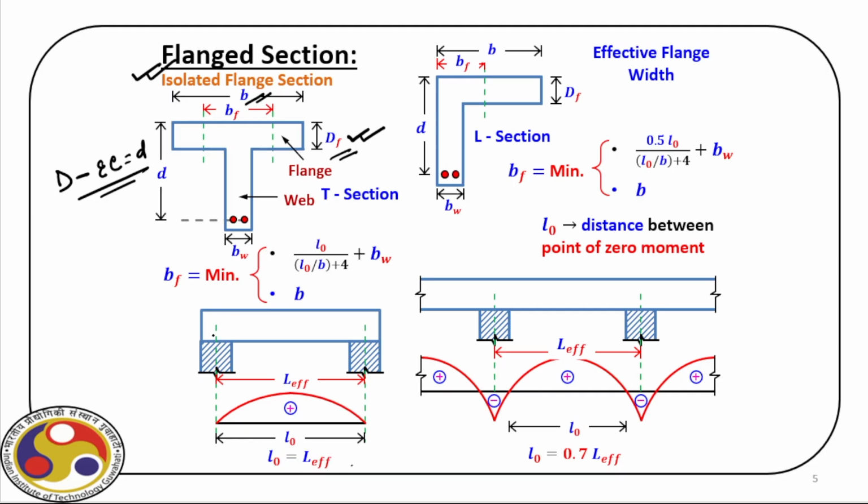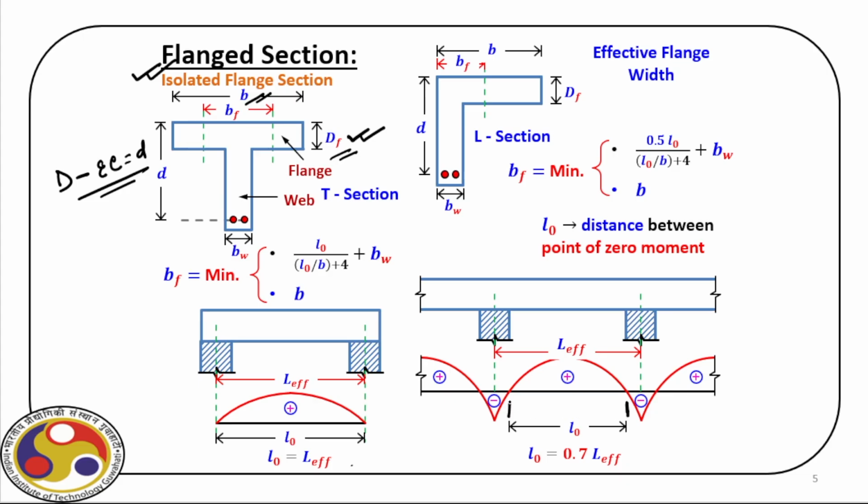Now, when we talk about an isolated beam supported over a wall, as you can see, the effective length of the beam is the distance between the center lines. Depending upon the support condition and the continuity of the beam, this L effective may change. As you can see here, we have a continuous beam, and the typical bending moment diagram you can see here. Ideally speaking, this effective length for a continuous beam having this hogging and sagging bending moment is the distance between the zero moment points, that is the points of contraflexure.